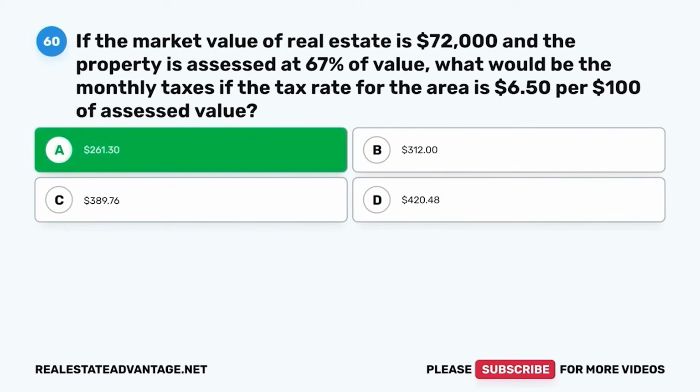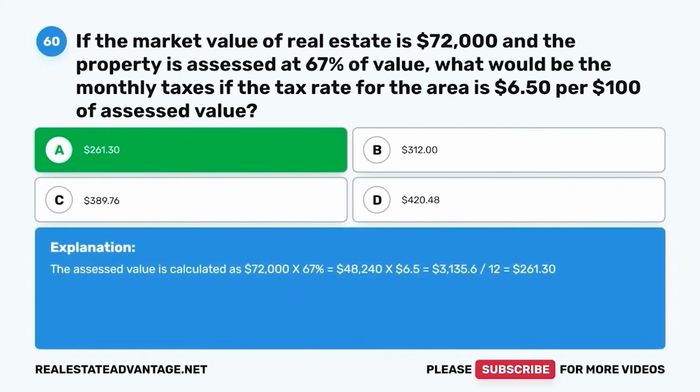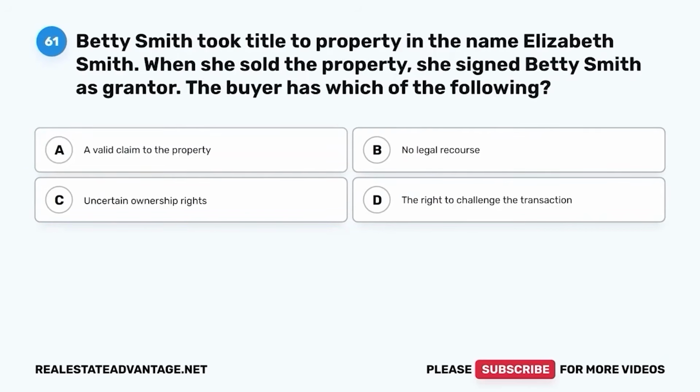The correct answer is A. $261.30. The assessed value is calculated as $72,000 times 67% equals $48,240. $482.40 times $6.50 equals $3,135.60, divided by 12 equals $261.30.